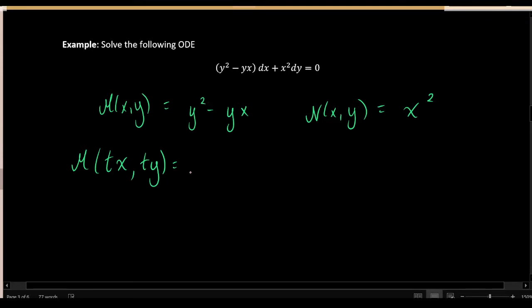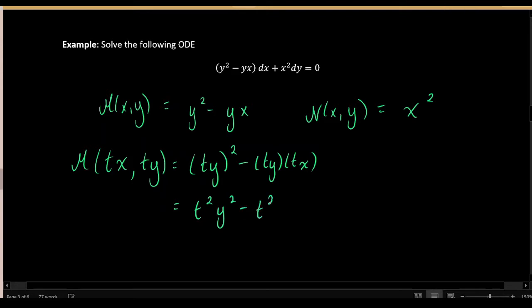Then instead of y squared, we now have (ty) squared. Instead of minus yx, we now have minus ty times tx. Now if I simplify this, I get t squared y squared minus t squared y times x, which is t squared times the original M(x,y) formula.